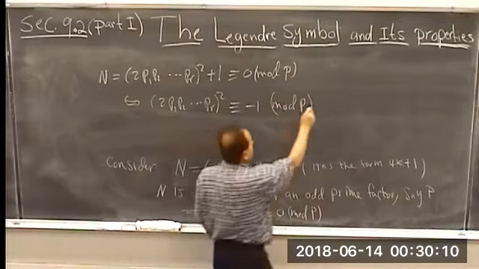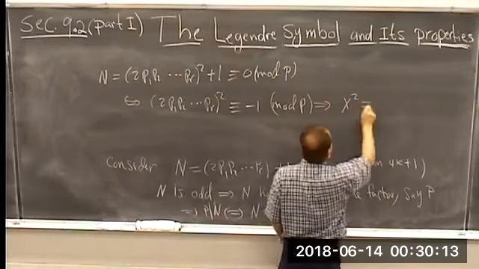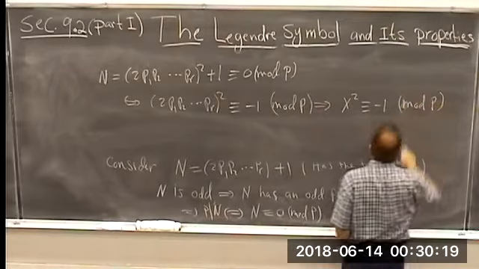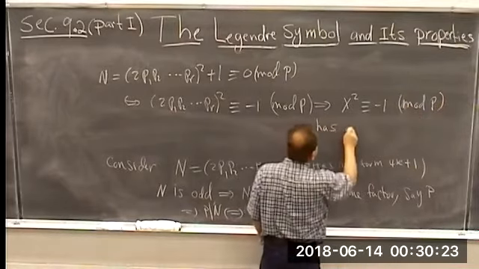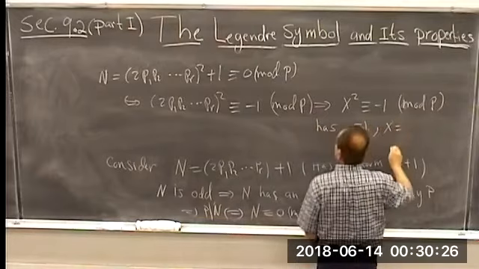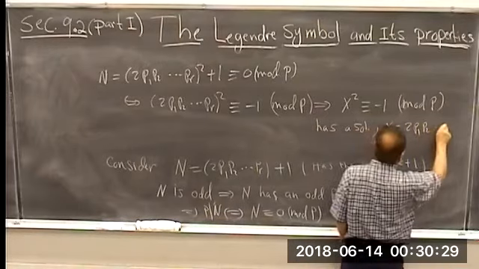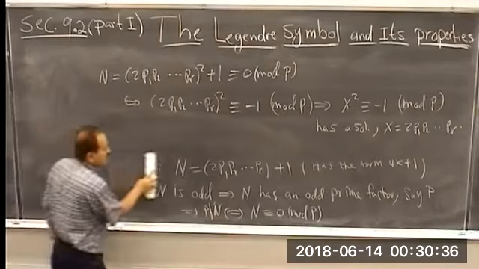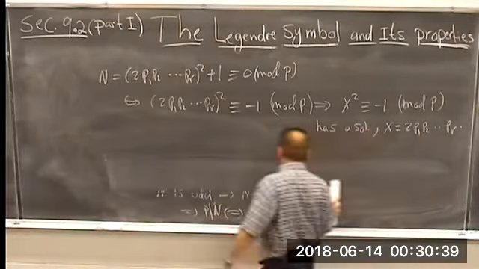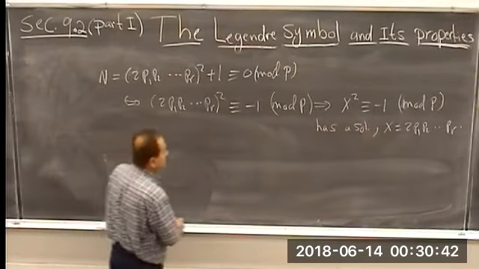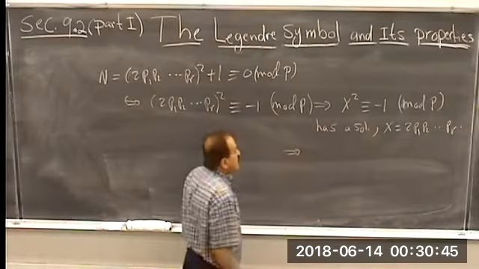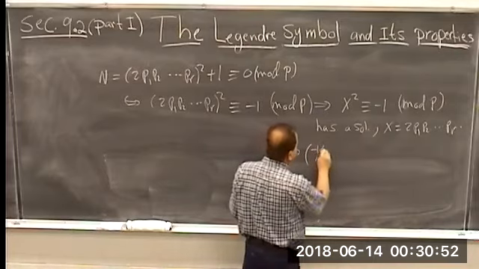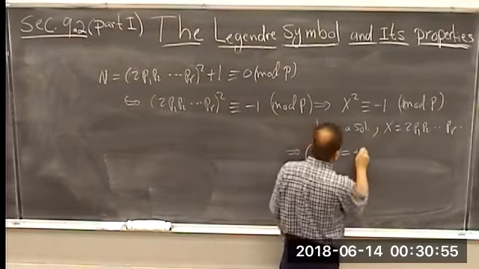And this itself implies x squared congruent to negative 1 mod p has a solution, which is x equal to p1 p2 up to p sub r, which makes the Legendre symbol of negative 1 by p equal to positive 1.